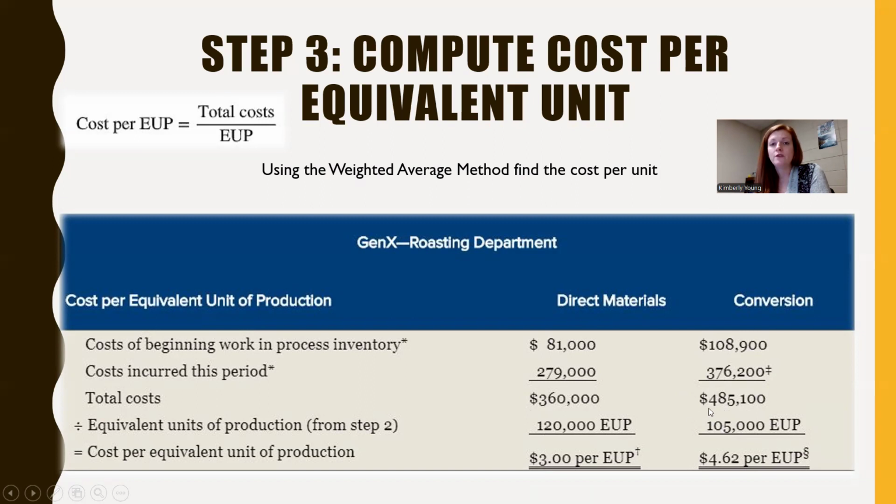We had 105,000 equivalent units of production that we calculated in step 2. So when we divide that, our conversion costs are $4.62 per unit. So our equivalent unit cost total is $7.62 per unit between direct materials and all of the conversion costs. This is just for the roasting department.